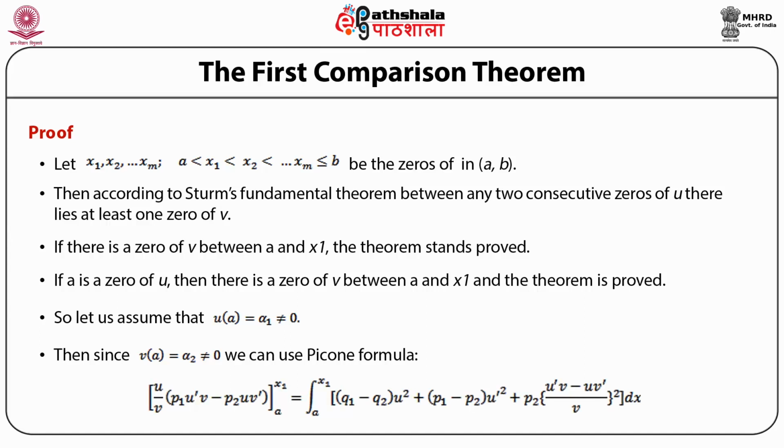Within the square brackets, u by v multiplied by within the circular brackets p1 into u prime v minus p2 into uv prime, circular brackets closed, square brackets closed, within the limits a and x1 is equal to the integral from a to x1 within the square brackets q1 minus q2 into u square plus p1 minus p2 into u prime square plus p2 into within the brackets u prime v minus uv prime by v, brackets close, square brackets closed, dx.